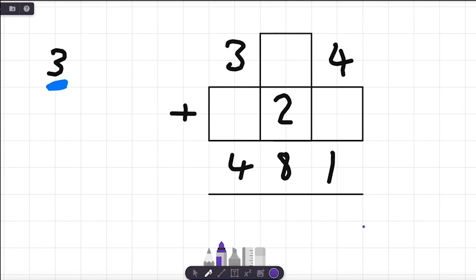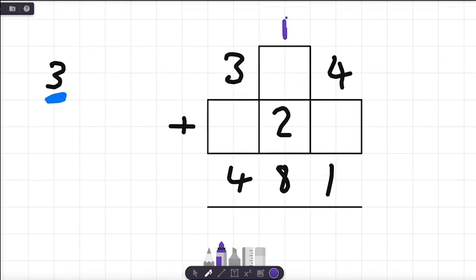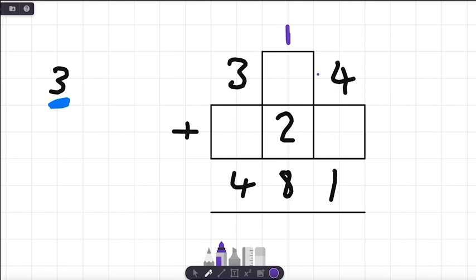So on to question 3, and with this one we've got 4 plus something is 1, so I think we're going to have some carrying, some regrouping going on here. So 4 plus something must be 11, and there must be an extra 10 here. So 4 plus 6 is 10, so 4 plus 7 is going to give us our 11.